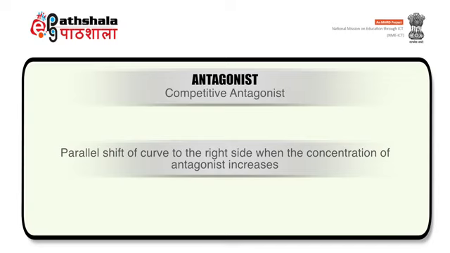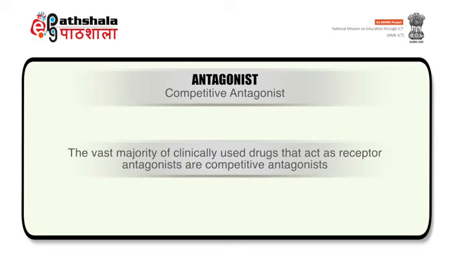So, the presence of a competitive antagonist causes a rightward shift of the dose response curve of the agonist. The majority of clinically used receptor antagonists are reversible competitive antagonists. Agonist isoproterenol and the antagonist propranolol are good examples of competitive antagonism.